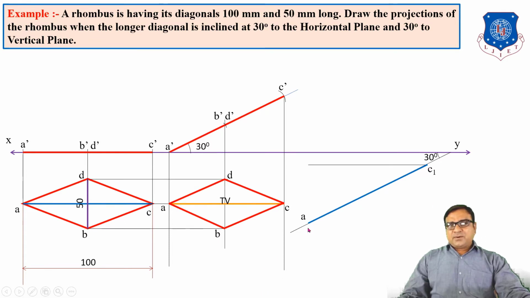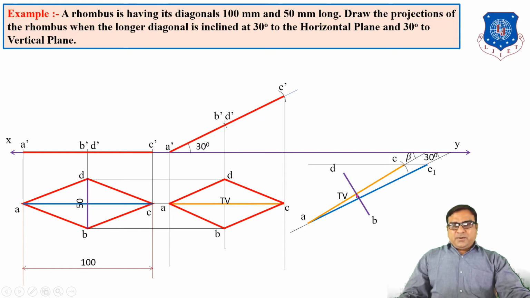Draw one line from C1, this is the locus of C. AC is the top view and the length of the top view is here. So take radius AC from here, A as center, and draw an arc to obtain C. Extend this line, and you will get exactly the apparent angle beta. This is known as the apparent angle of the top view with the vertical plane.